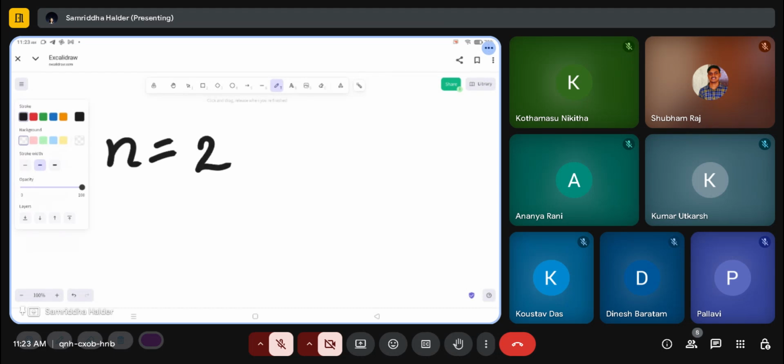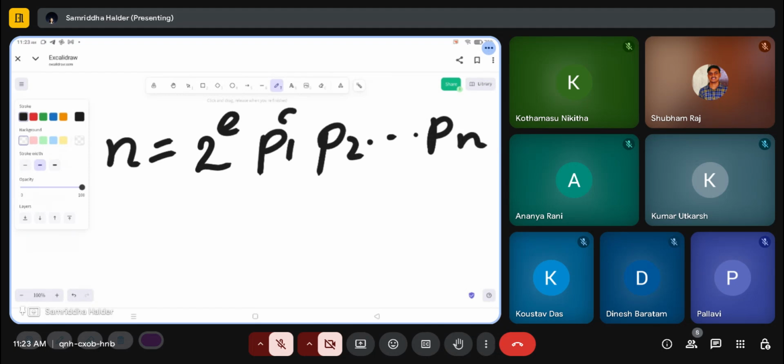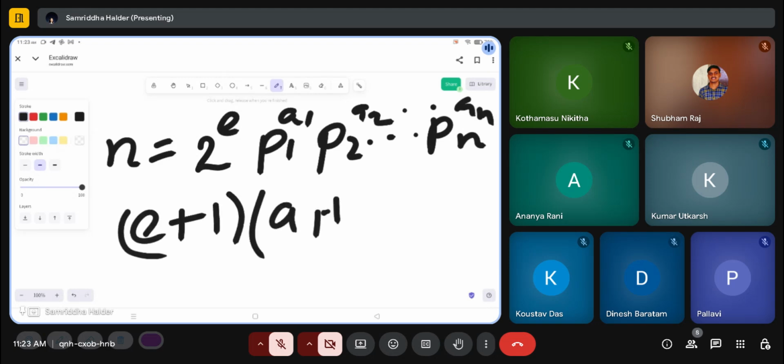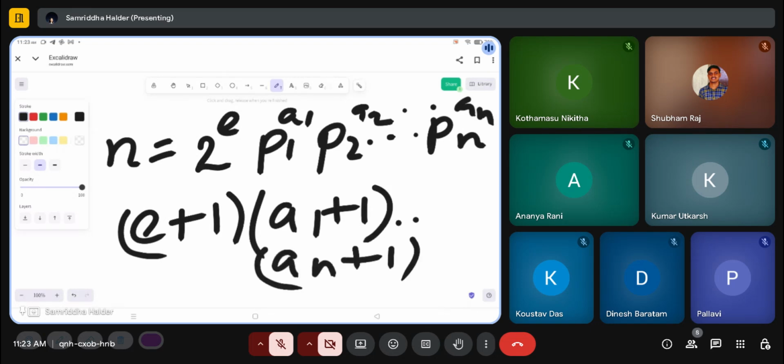So suppose 2 occurs e times, and p1, p2, up to pn are other prime divisors, with powers a1, a2, up to an. So the number of total divisors that this number n has is (e plus 1) times (a1 plus 1) up to (an plus 1), right?